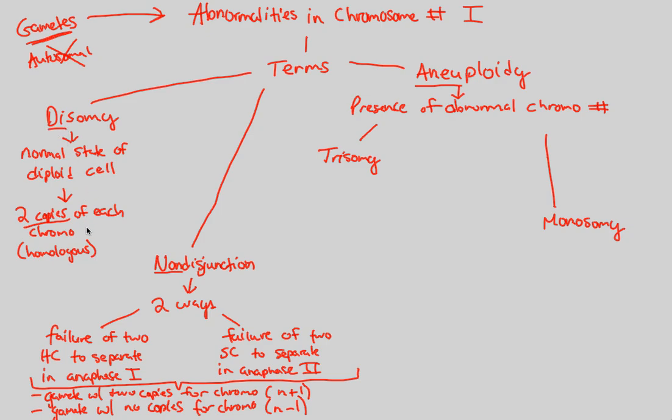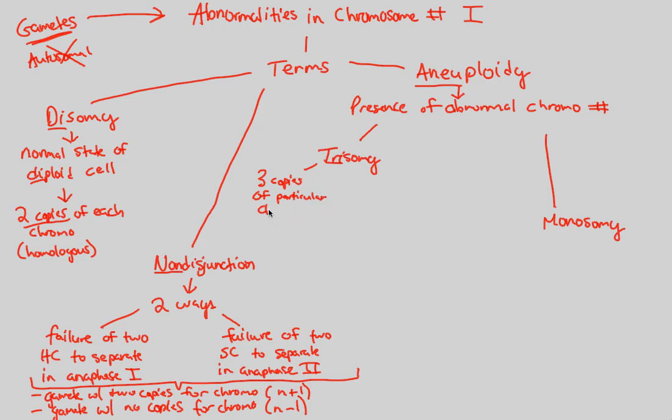If disomy means diploid, means normal, trisomy would mean that at one chromosome, let's say, there are actually 3 copies of a particular chromosome.